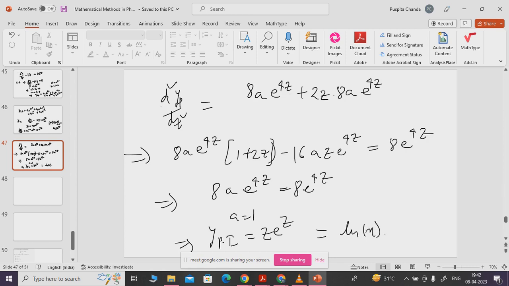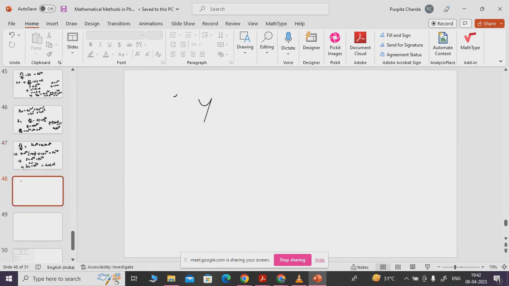What is z? z is ln x, and e to the power 4z is x to the power 4. Total is c1 x to the power 4 plus c2 x to the power minus 4 plus x to the power 4 ln x.